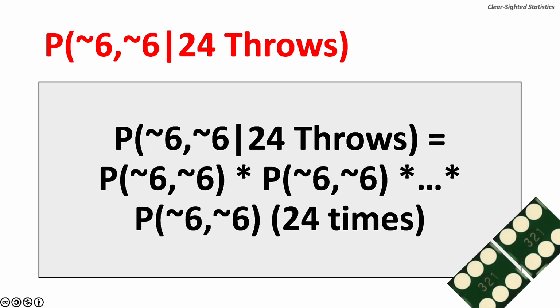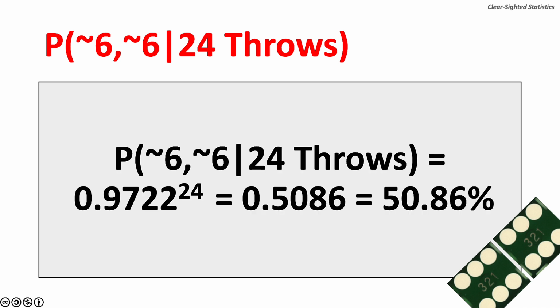The probability of no double sixes in 24 rolls is found using the special rule of multiplication, multiplying 0.9722 by 0.9722 24 times. 0.9722 to the 24th power equals 0.5086, or 50.86% of the time. No double sixes will happen in 24 rolls of the dice.